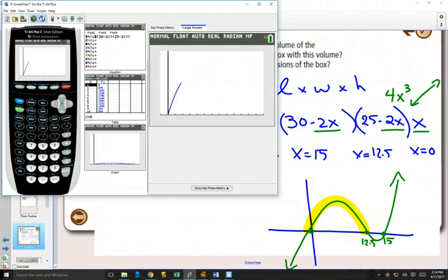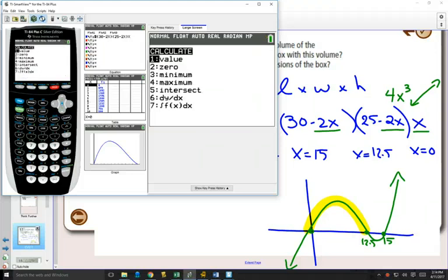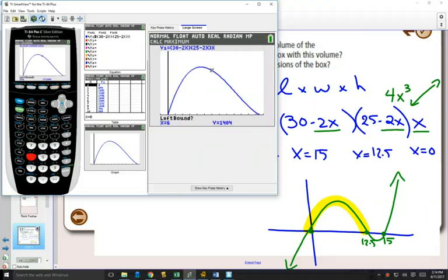And now when I graph, I see that yellow part of the graph, which was important because that's the only part that really makes sense in this equation. And once I have that yellow part, I can go second, calculate. I want to find my maximum for left bound. All of these are going by 1, so 2 is definitely to the left of it. And it looks like 7 is to the right of it.